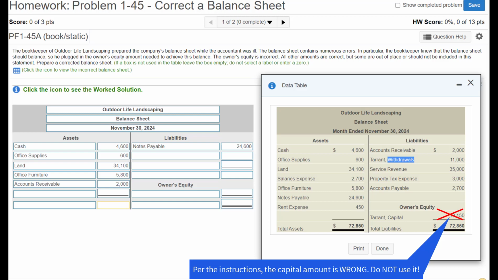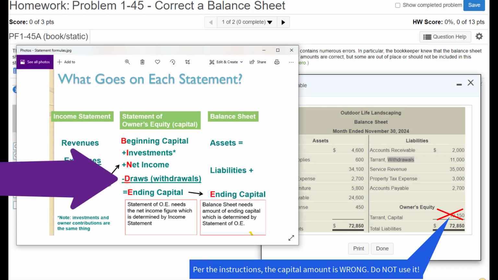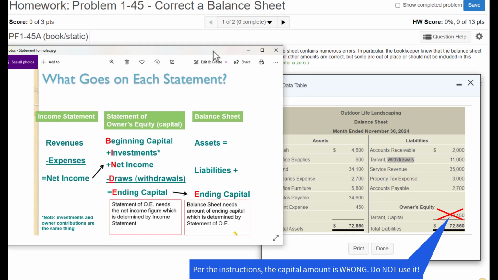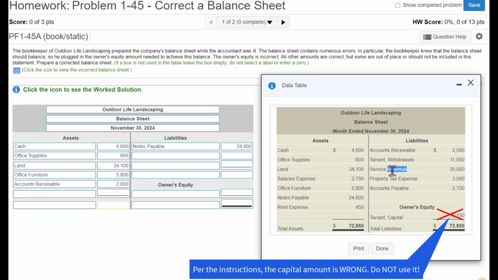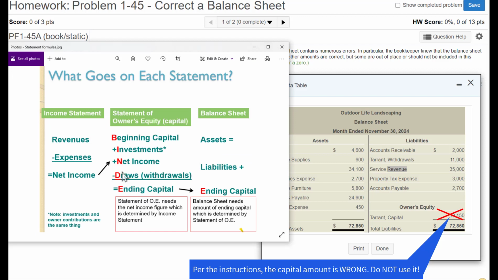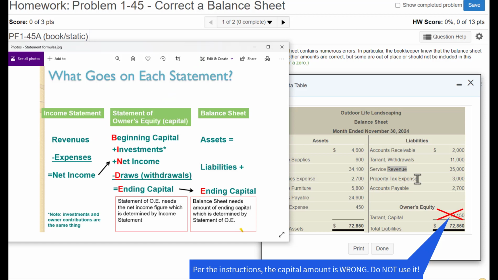Do withdrawals go on the balance sheet? No, they go on the statement of owner's equity, so we have to leave that off. And since we're here, service revenue, where do revenues go? Revenues go over here on the income statement, so we're going to leave that off. Property tax expense, that goes on the income statement, so we're going to leave that off.